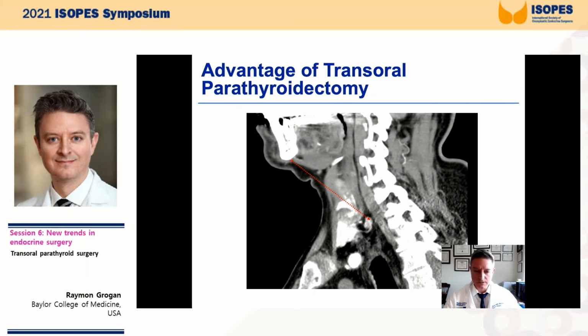Essentially what happens is the recurrent laryngeal nerve is going to wrap around the subclavian vessel and insert itself at the bottom of the thyroid cartilage. And you can see in this view, which is why this is so important, that you never traverse the plane of the recurrent nerve because of this anatomy. And that's in contrast to the traditional approach where you're going to come straight through that plane again.